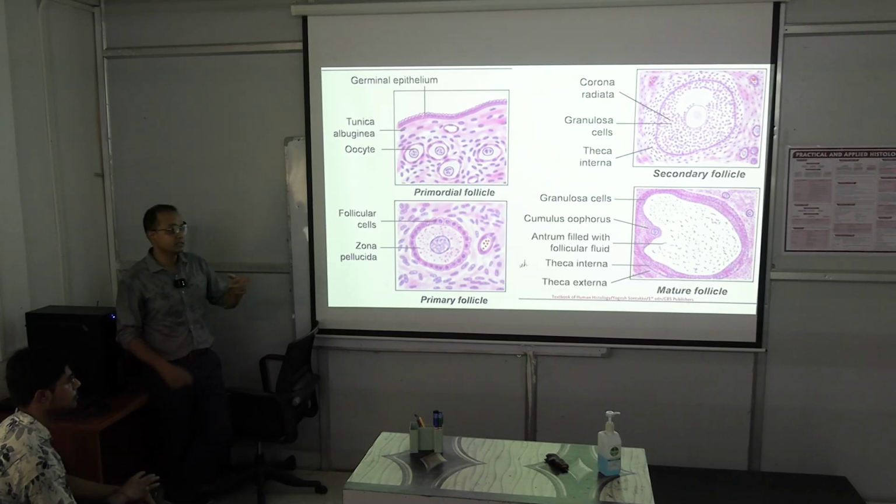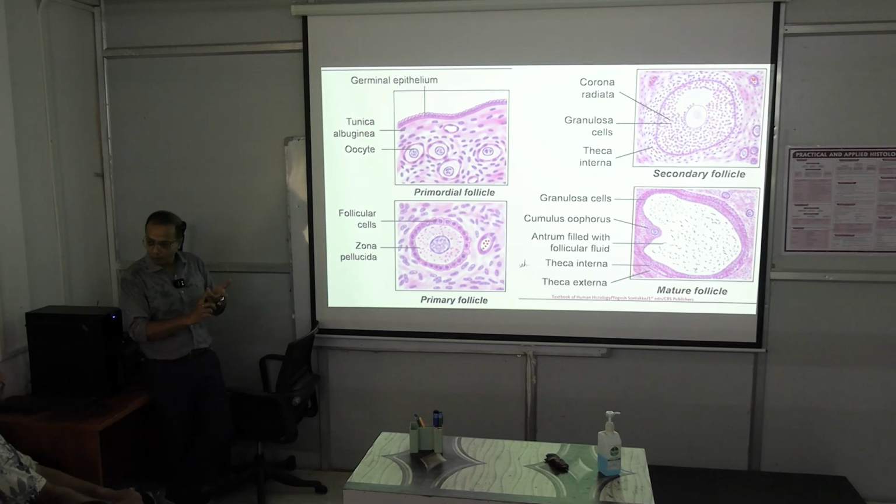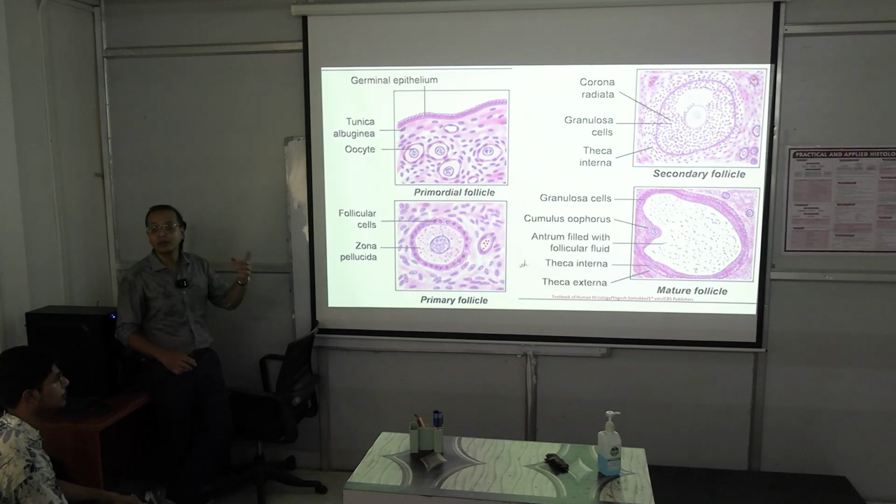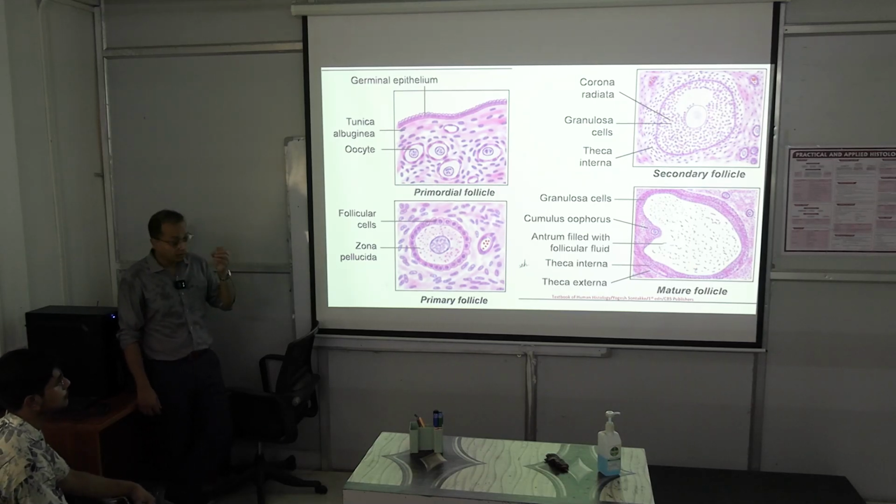So we get four stages: primordial follicle, primary follicle, secondary follicle, and then the mature follicle, the Graafian follicle. The Graafian follicle is matured, fully enlarged, just visible to the naked eye.